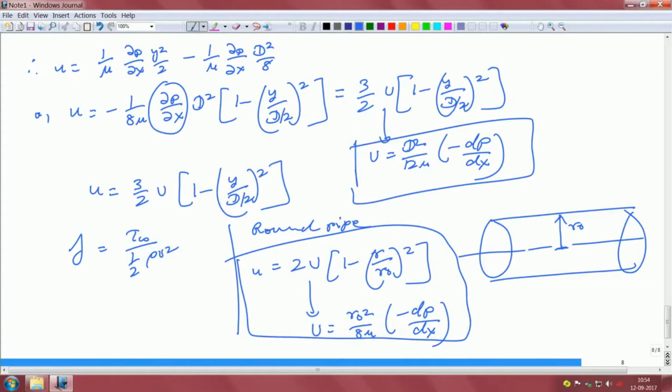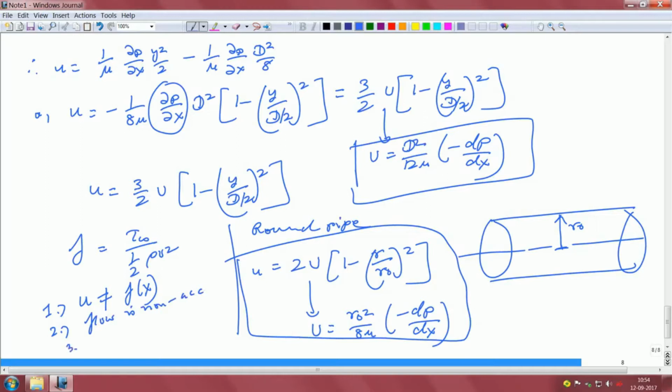So what did we do? We found that indeed the fundamental takeaway is that u is not a function of x. That was the first point that we took. The second point was that the flow is non-accelerating.